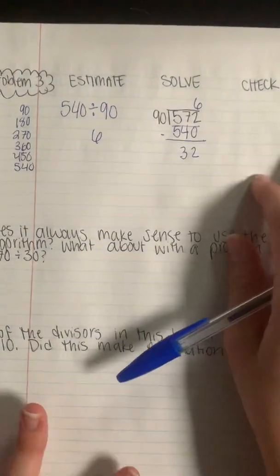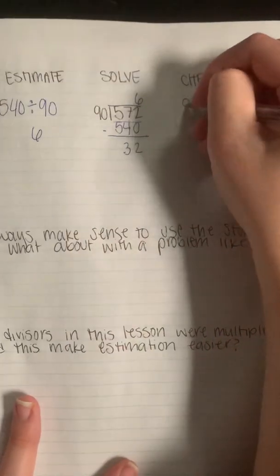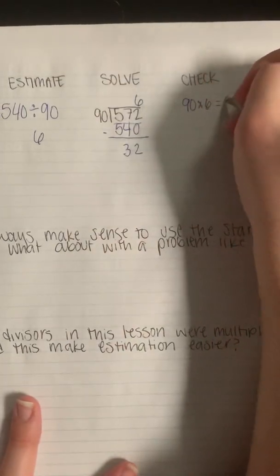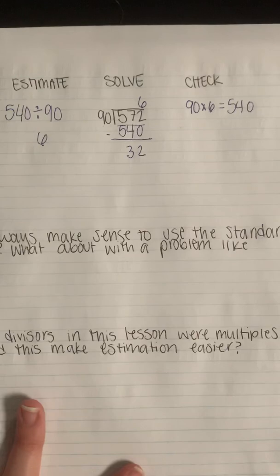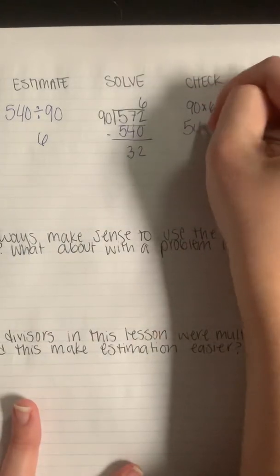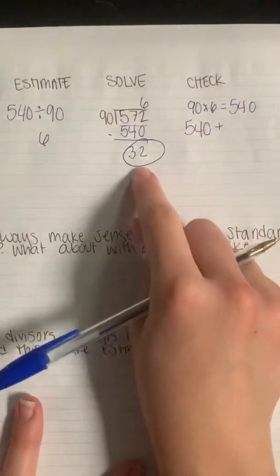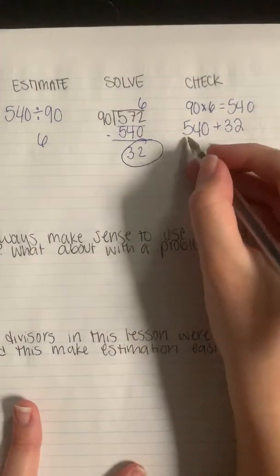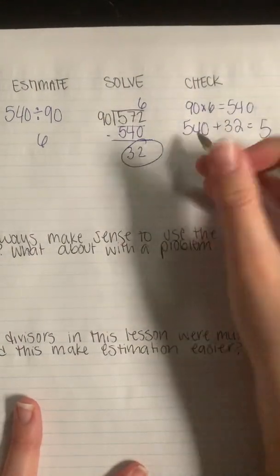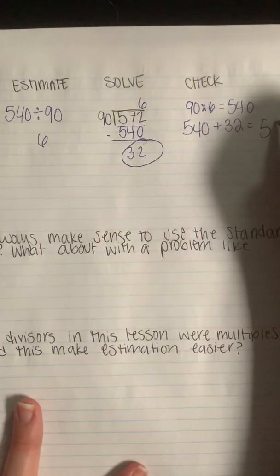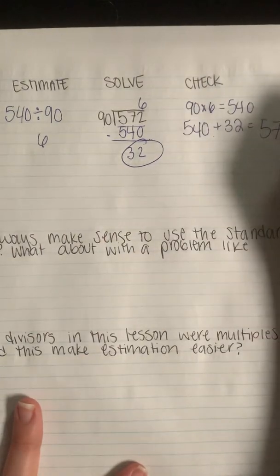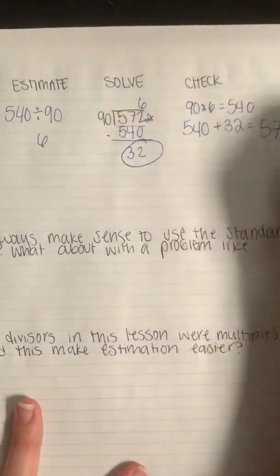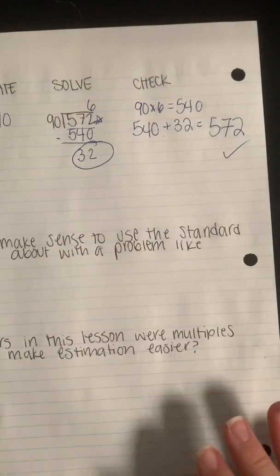So I can start checking. I did 90 times 6 equals 540. And then 540 plus this remainder, 32. That gives me 500. 40 plus 30 is 70. And then 2. 572, and that's what we started with. So that's how I know I'm right.